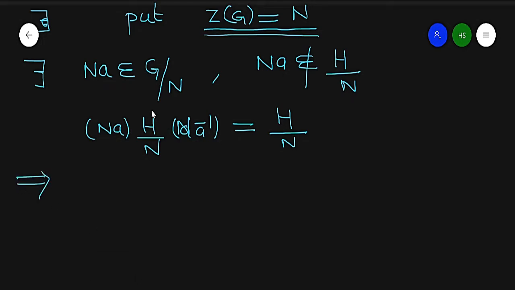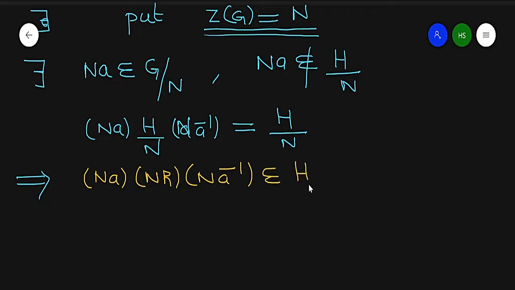It means if I take some element from H by N, so it means Na into N small h into Na inverse, this product belongs to H by N as small h belongs to capital N. Why is this? Because this set is equal to this set, and the element of this set is of this kind.